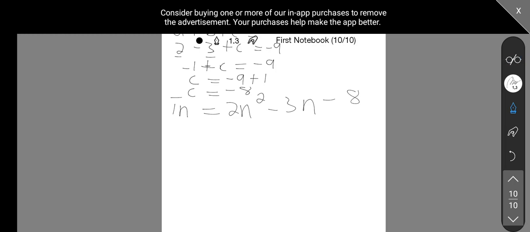Since we are looking for T9, we're going to say that T9 is equal to 2 times 9 squared minus 3 times 9 minus 8. Let's use our calculator and see what we get.